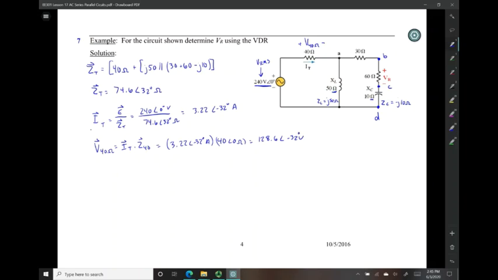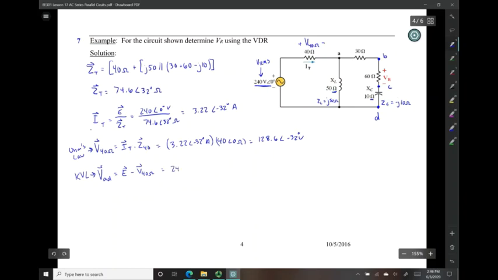Okay, so now, again, Kirchhoff's voltage law. VAD is equal to E minus the voltage drop across that 40 ohm resistor.